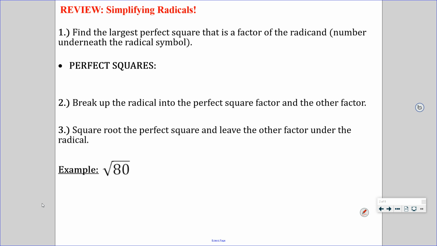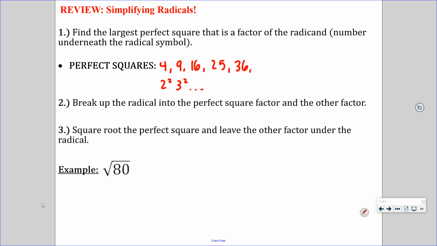Let's create a list. 1 is technically a perfect square, but every number has a factor of 1, so we're going to ignore that one. What's my next smallest perfect square number? 4. Yep, 2 squared is 4. 9. Yep, you can keep writing these if you want. I'm not going to. 16 is a perfect square. 25. 36.